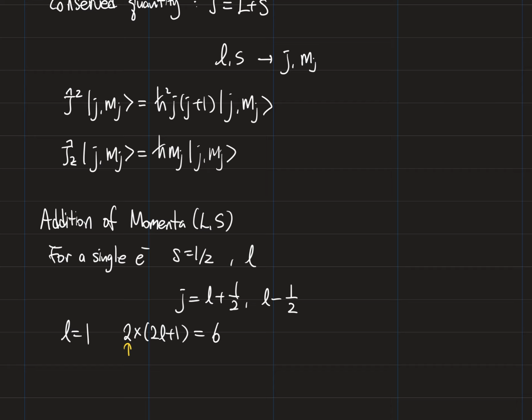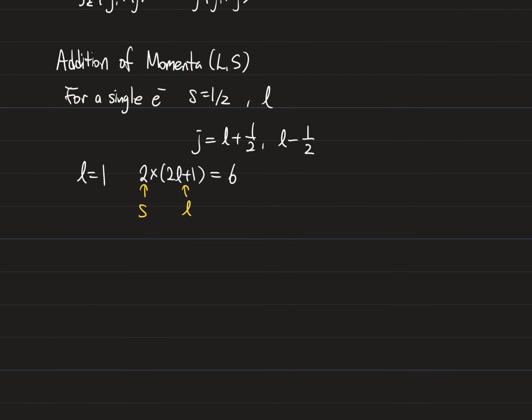The 2 is from spin angular momentum, and the other factor is from orbital angular momentum. There are 3 p orbitals, and if you put a single electron in, there are 6 possibilities: up spin here, down spin here, and so on.